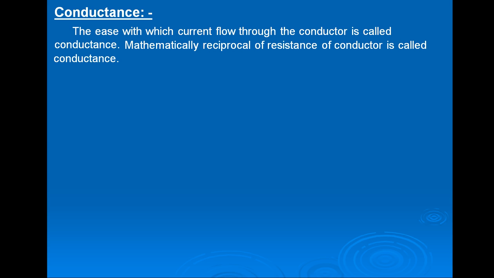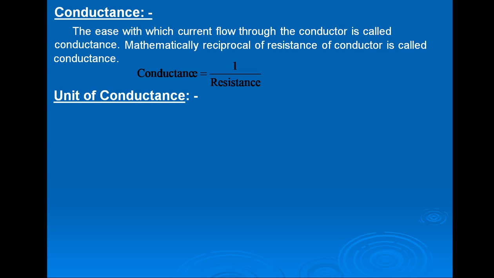Mathematically, the reciprocal of the resistance of a conductor is called conductance, that is, conductance is equal to 1/resistance. The unit of conductance in the SI system is mho, the reverse spelling of ohm, the unit of resistance, or Siemens, S.